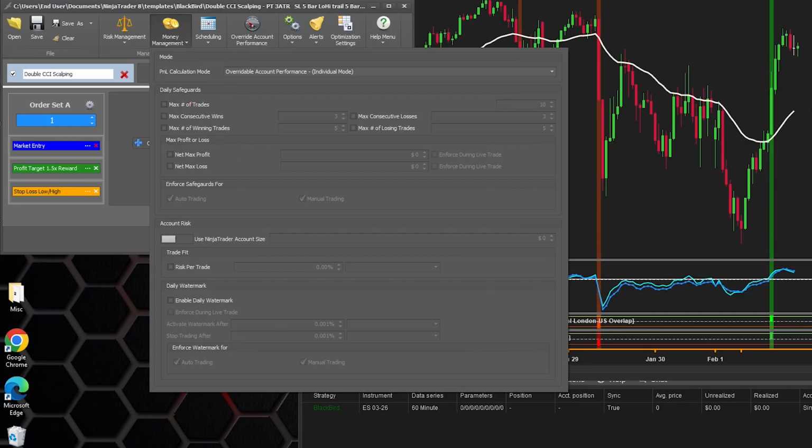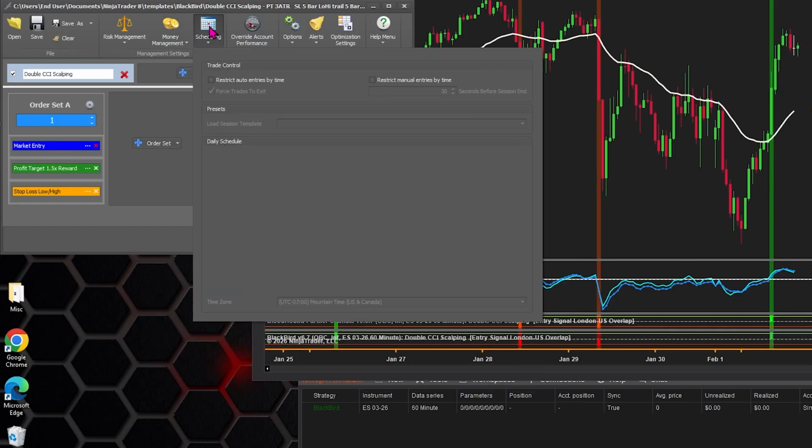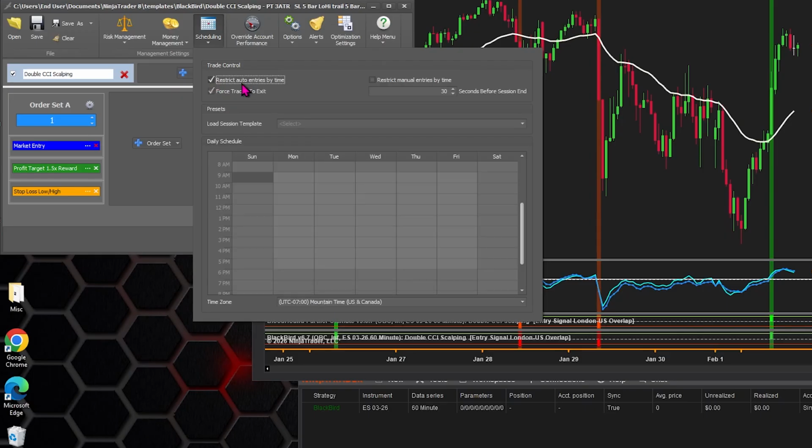If you do want to play around with this on a lower time frame, then definitely consider using the money management rules. And kind of the same with the scheduler, being a higher time frame. The scheduler is not really necessary, but if you do lower that time frame for intraday trading, the benefit of using the scheduling is that you have forced trades to exit.